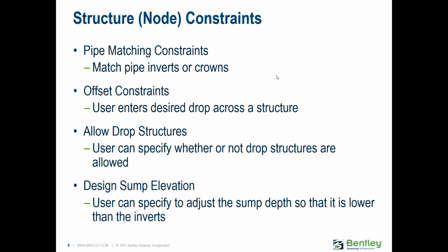You can add that. You can tell the software whether you want to allow drop structures. So typically when you have very hilly terrains, it makes sense to use a drop structure at the manhole or inlet. So you can say that. And also if you want to specify a sump depth, you can do that.